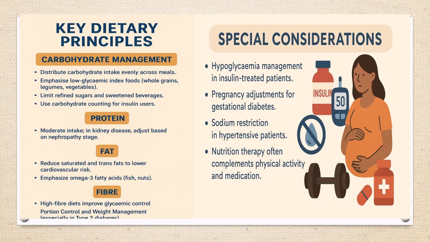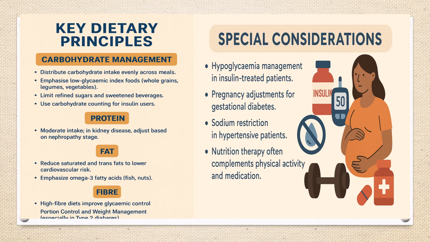There are special considerations we should look into, and this includes hypoglycemia management in insulin-treated patients. For patients who are being treated using insulin, even though the diabetes is a result of hyperglycemia, they can also experience hypoglycemia, and this should be managed. We also have the pregnancy adjustment for gestational diabetes. We don't want our babies to come out with macrosomia.